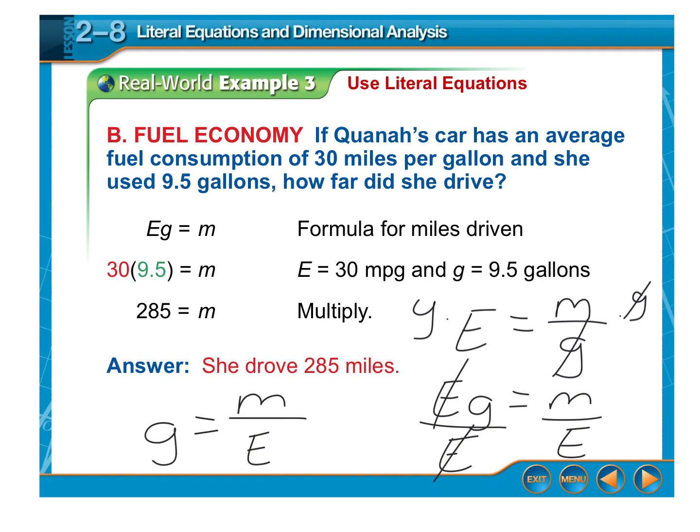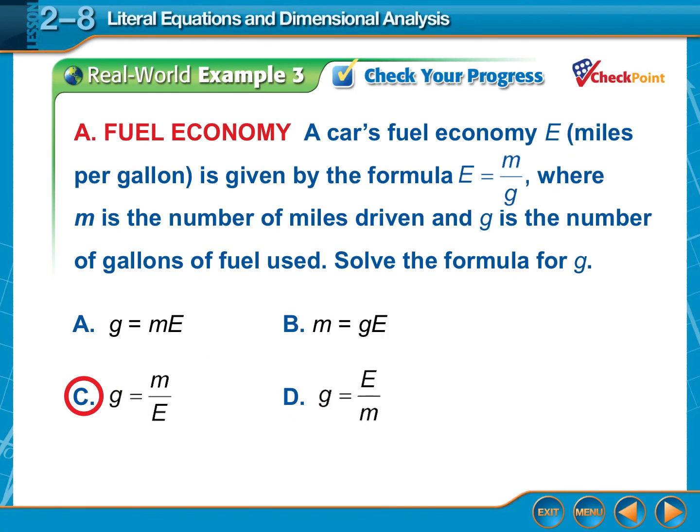Go to page 6 in your notes. So if I'm given this equation here, going away from the notes a little bit, how would I solve for m? How would I get m here by itself?